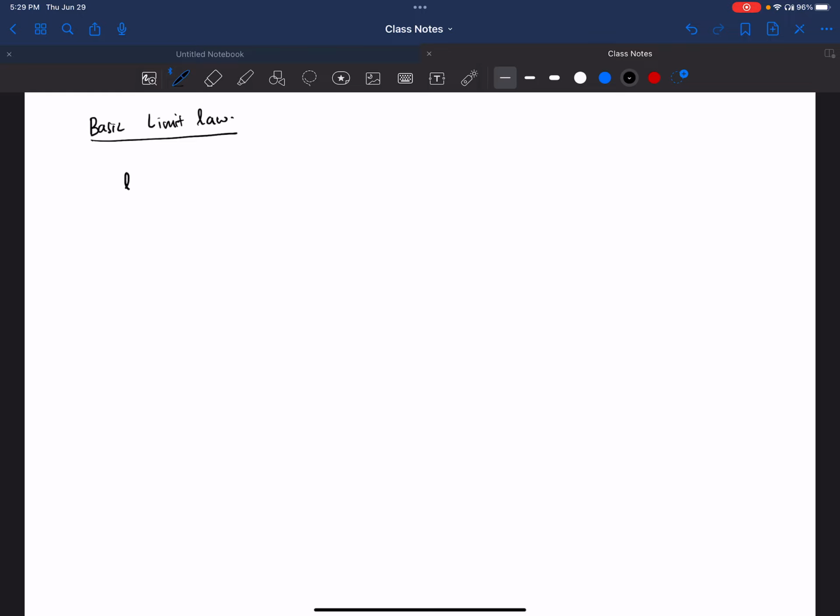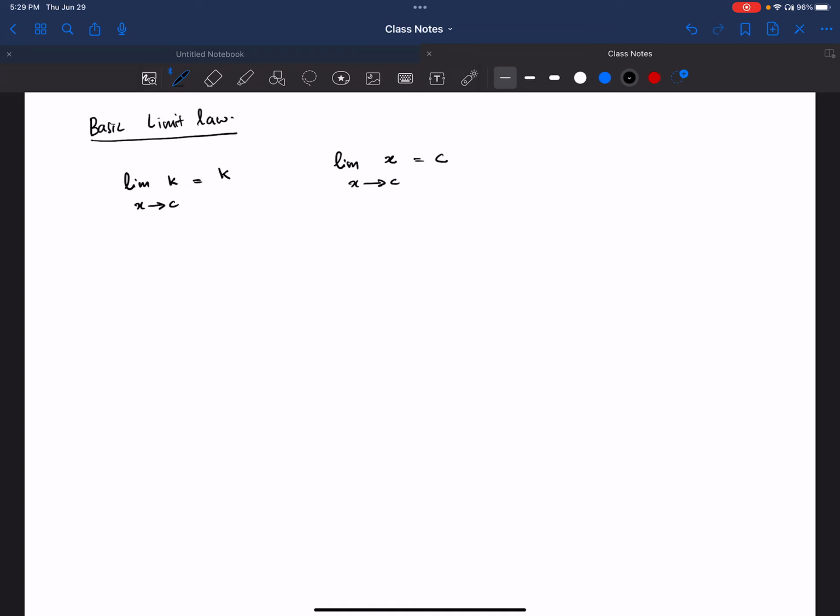One is the limit as x goes to c of a constant function equal to k, and then the limit as x goes to c of x equal to c. And we're going to learn another six laws here.